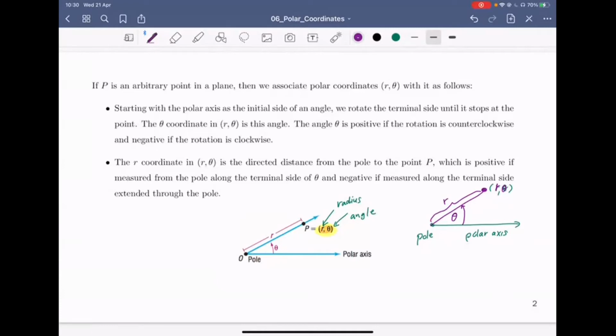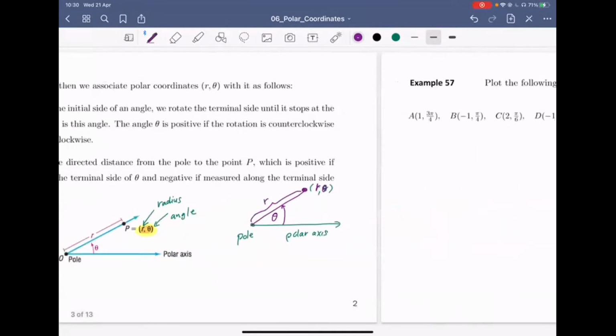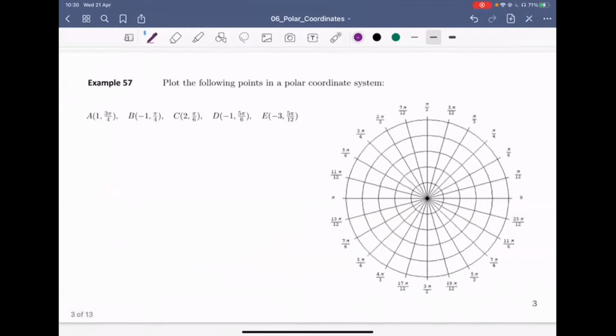To give you an idea of polar coordinates, we're going to do an example to show you how to plot points in polar coordinates. Look at the graph here. Again, you have the pole here. In rectangular coordinates this is 0, 0, but in polar coordinates this is just the pole.